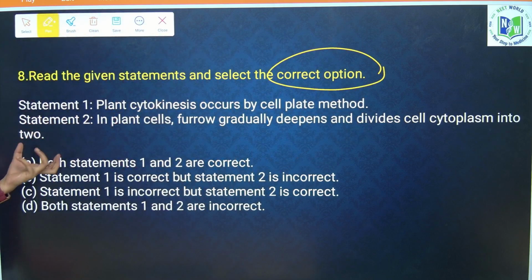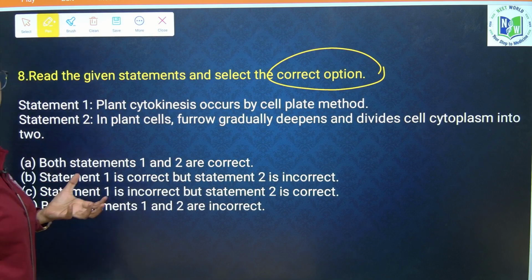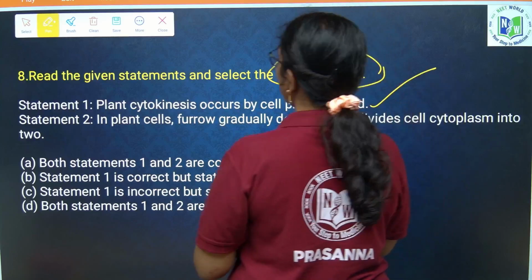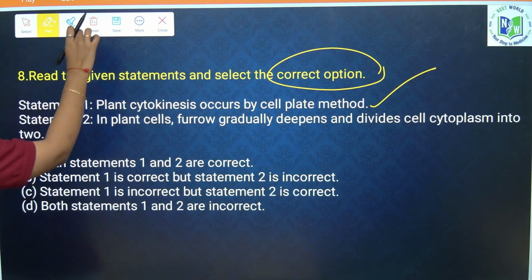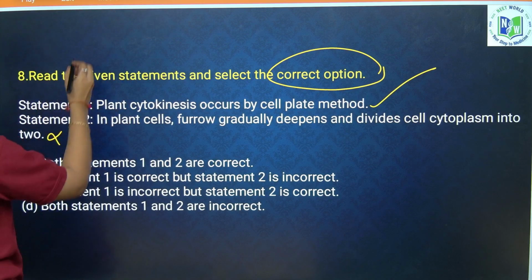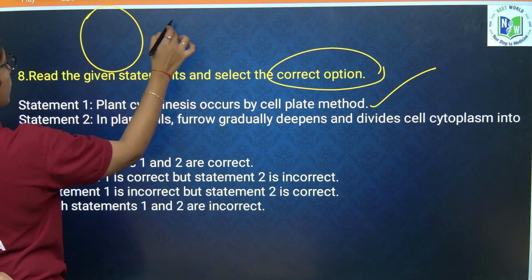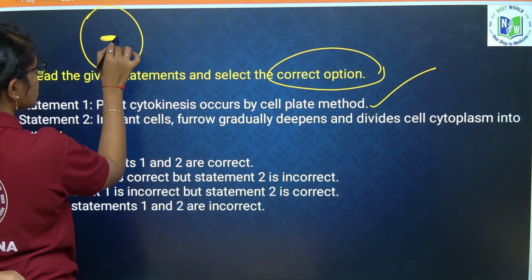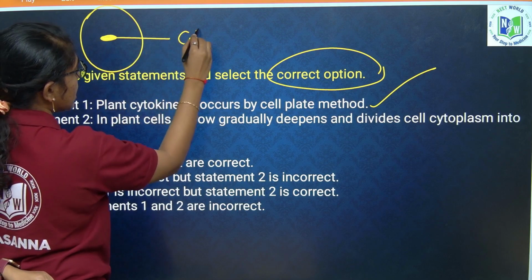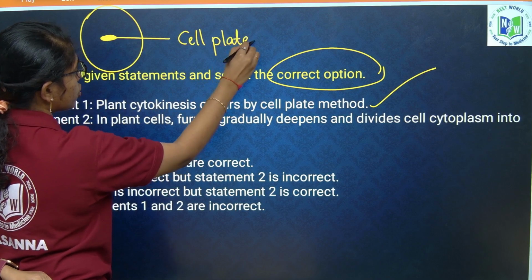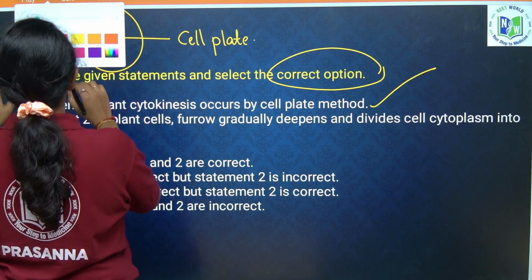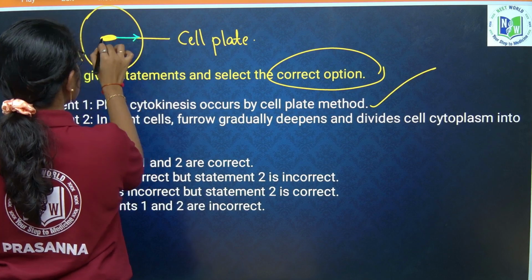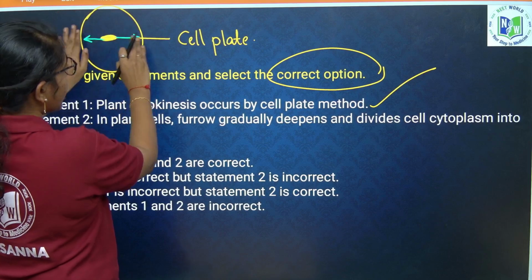Statement 1, plant cytokinesis occurs by the cell plate method. True. Statement 2, in plant cells, the furrow gradually deepens and divides the cell cytoplasm into two. Wrong. In a plant cell, first a cell plate is formed in the middle. The cell plate is formed with the help of middle lamellae secreted from the Golgi bodies, and this cell plate moves towards the periphery, dividing the cell into two equal halves.